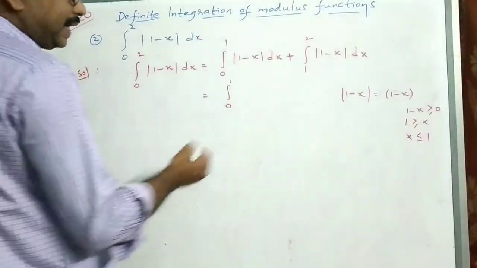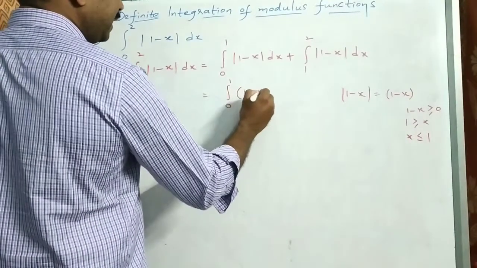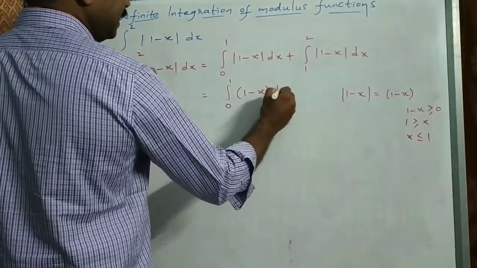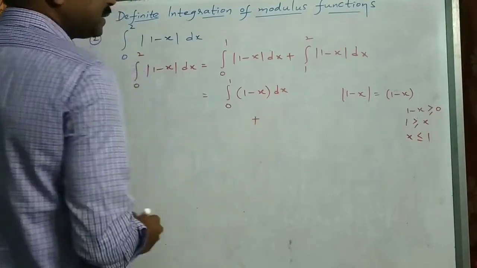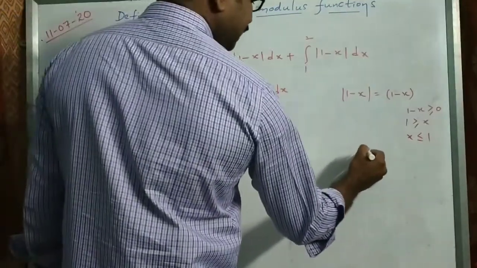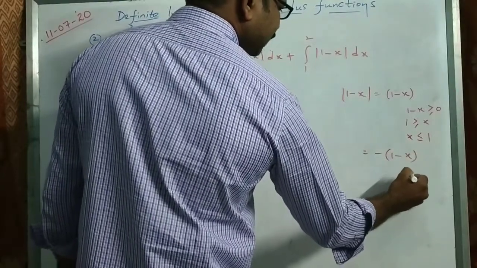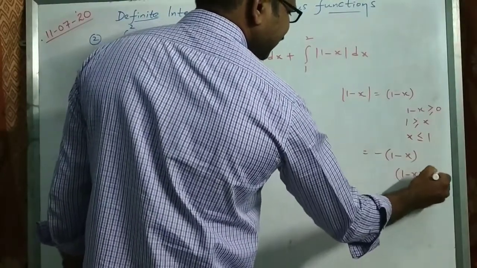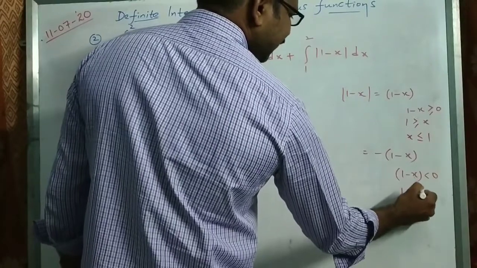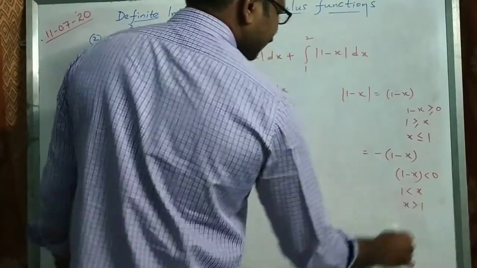Positive. Right? So I can write here 1 minus x dx plus, and I can write minus of 1 minus x when 1 minus x is less than 0, 1 less than x. So x is more than 1.